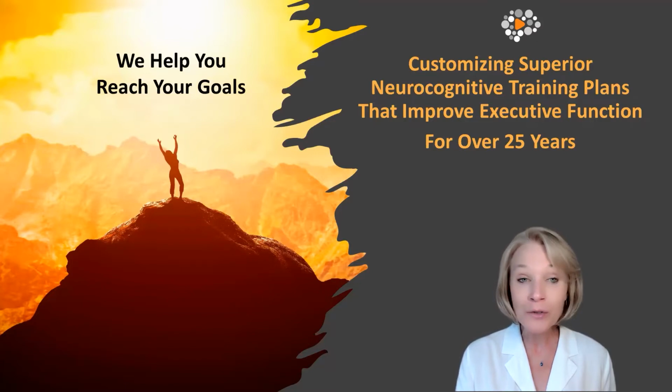Or maybe you want to improve relationships. Perhaps you're here as a parent and you want to help your child with specific skills that will help your child be successful at school and with friendships. Or maybe you're a professional and you're working towards helping your clients develop those skills, be more organized, have better time management skills, be able to control their emotions.